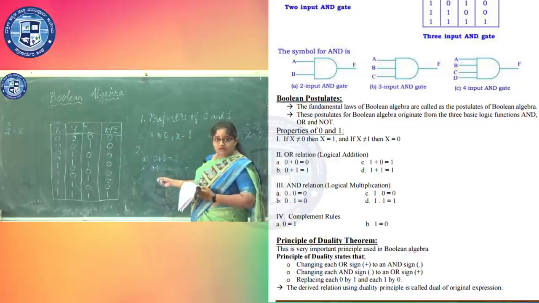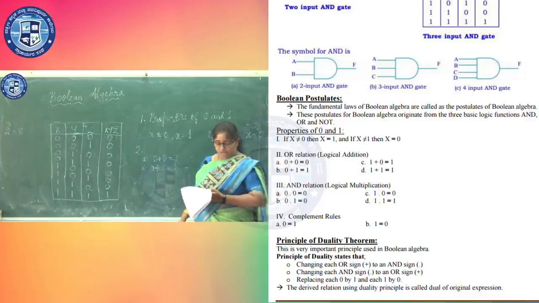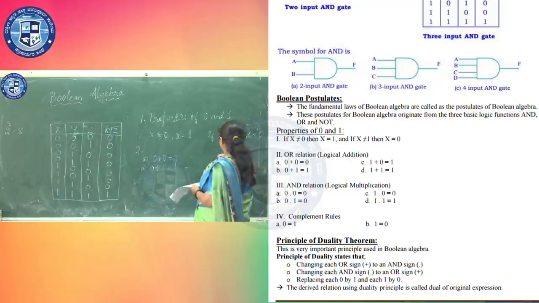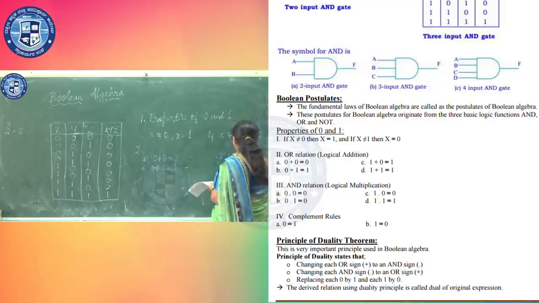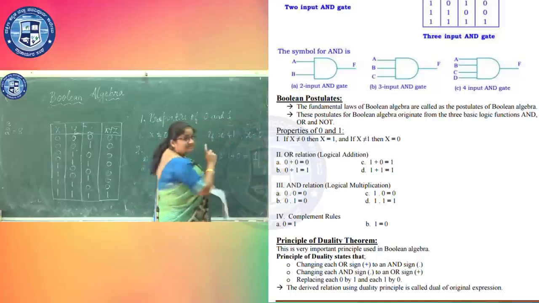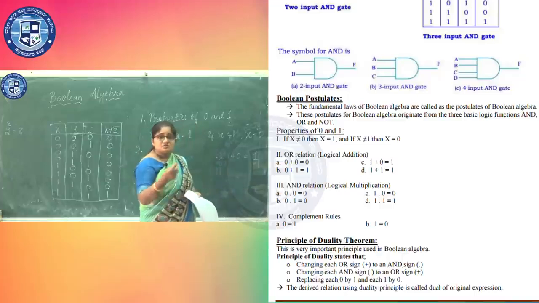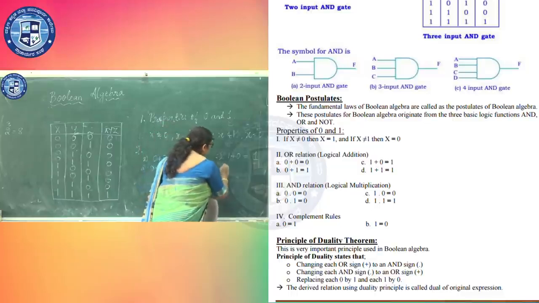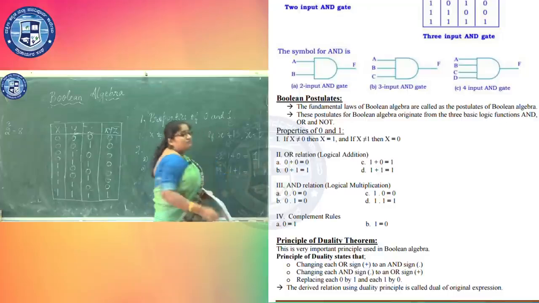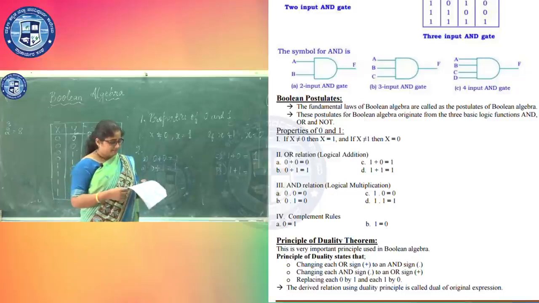I am saying OR, it means if any one of the values is 1, then the resultant will be 1, and then in the next part 1 plus 0, that is also 1, because we have one value considered to be true and the other one false, so we can have 1 over there. Next we have 1 or 1, both the values are there, but then it is 1.